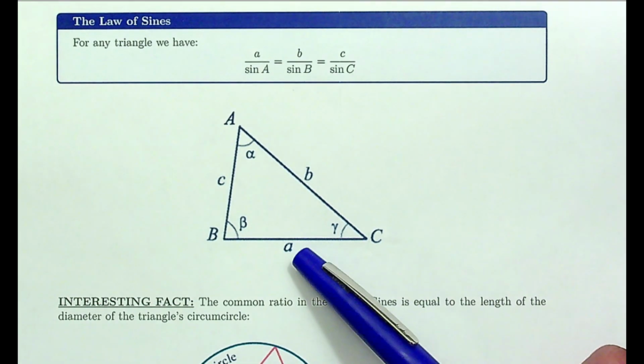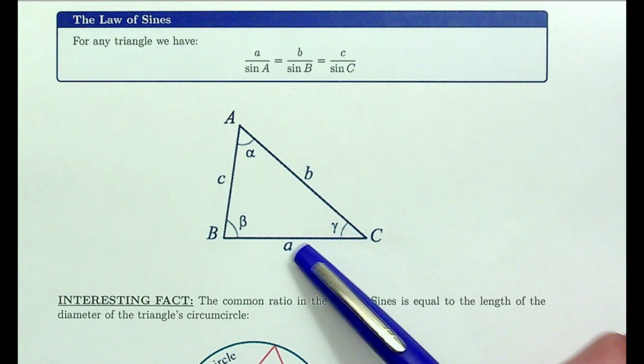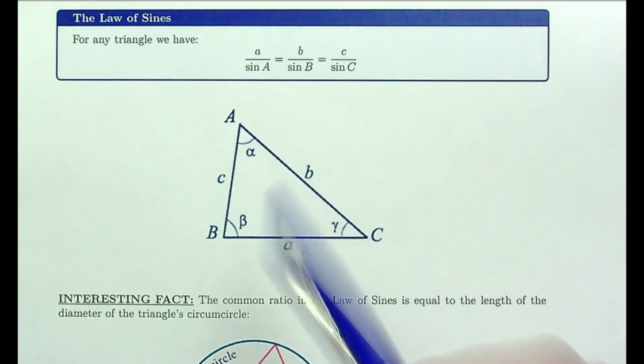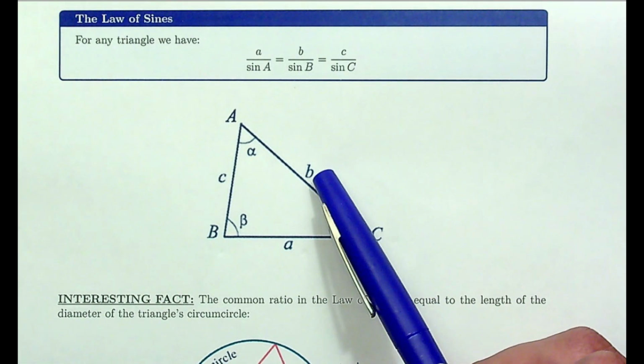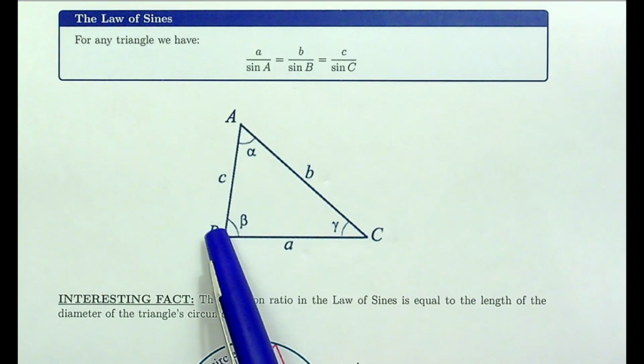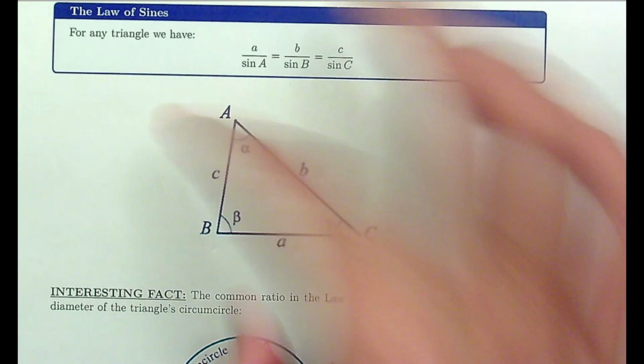You cannot just put the a here or there. It has to be paired up with capital A. Similarly, the side opposite to angle B or beta has to be called little b, and the side opposite to angle C or gamma has to be called little c. So they are paired up like this.